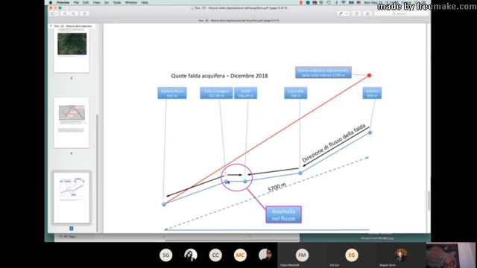So this condition is impossible to happen in an aquifer unless there is a well that pumps the water. If there was a well that pumps the water in the piezometer called NL4, right here, then you would see this kind of shape in the aquifer.